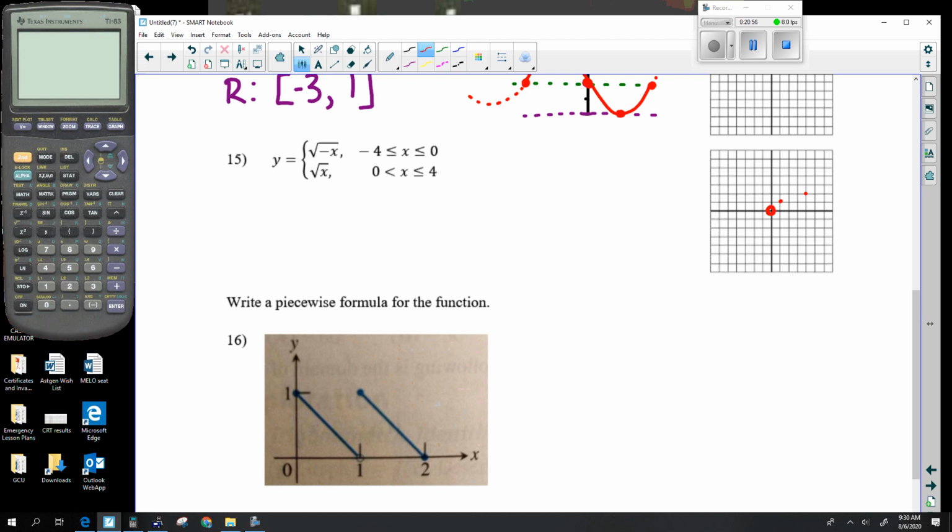But notice how it'll stop at 4. You don't technically go on, because of the rule that we're only starting at 0 and going to 4. Because this doesn't have the or equal to on the 0, that's why this gets an open dot and this gets a closed dot. So it does something like that.